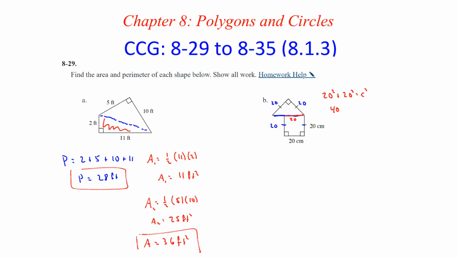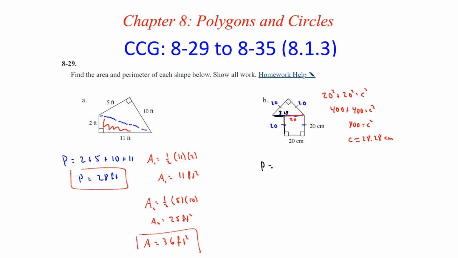So that's going to be 400 plus 400 is equal to c squared. 800 is equal to c squared, and then we can take the square root. And so c will be approximately 28.28 centimeters. And so since this is 20, then this extra side that we're going to need for the perimeter would be the 8.28.